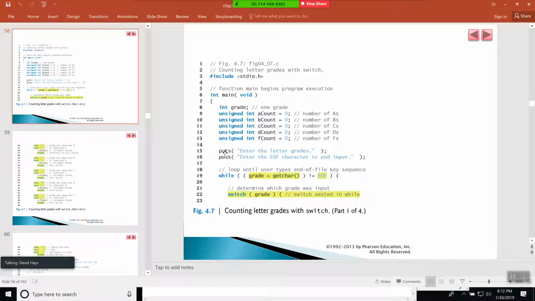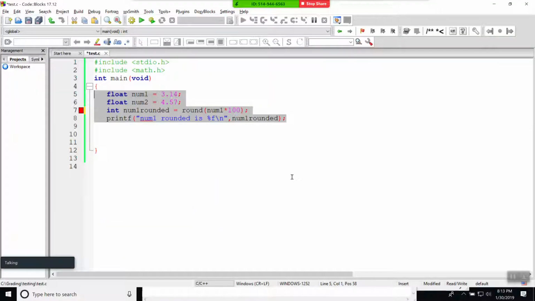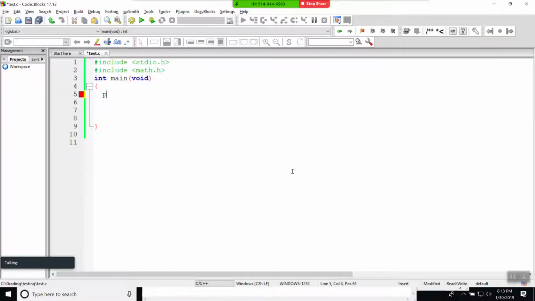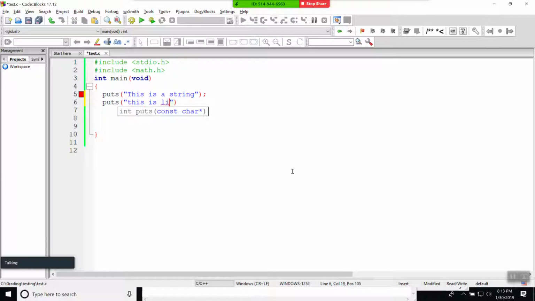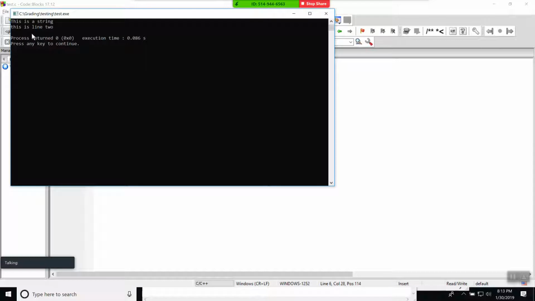Put string is what that's referring to. See how it prints those?